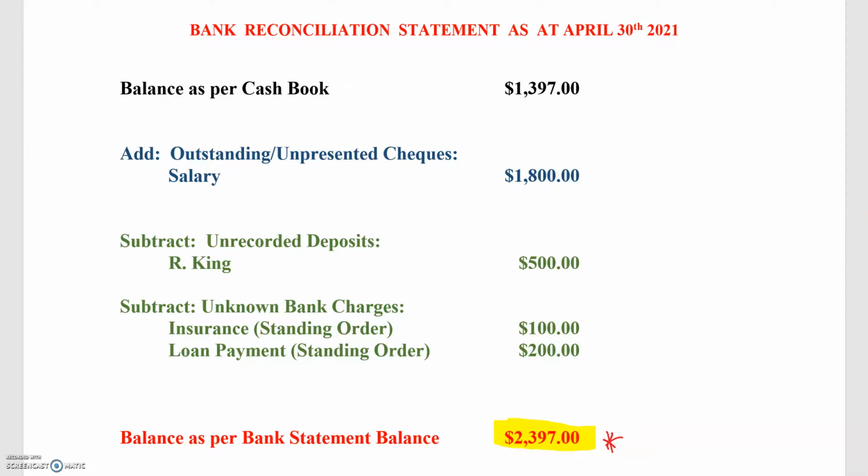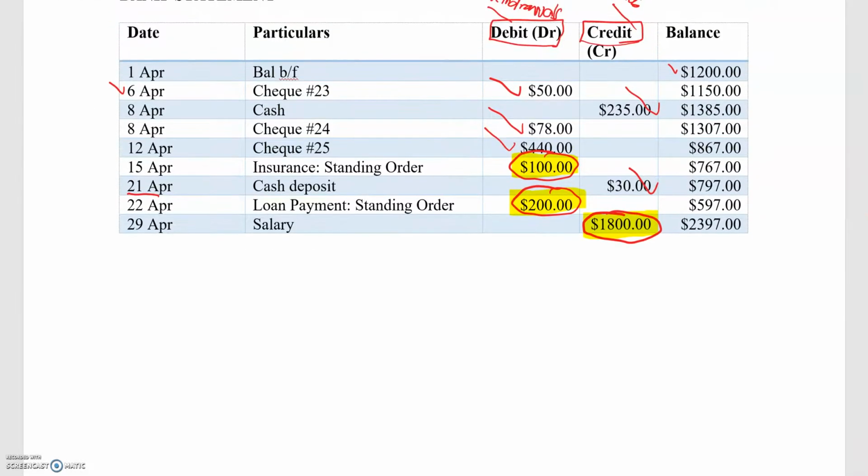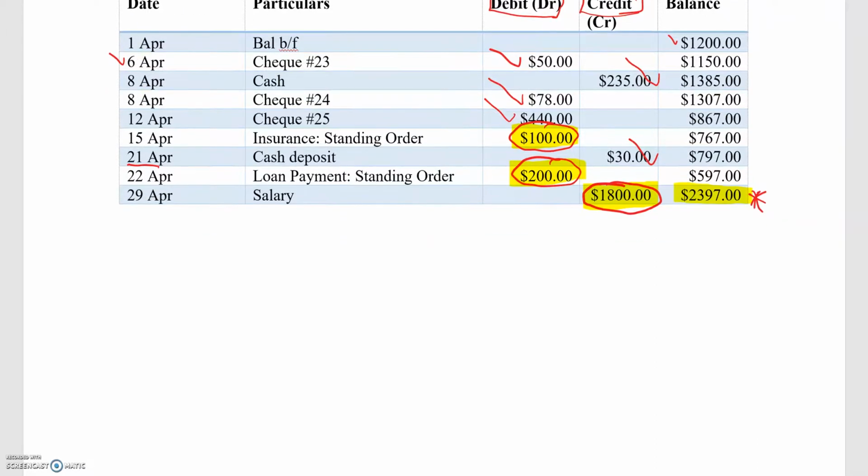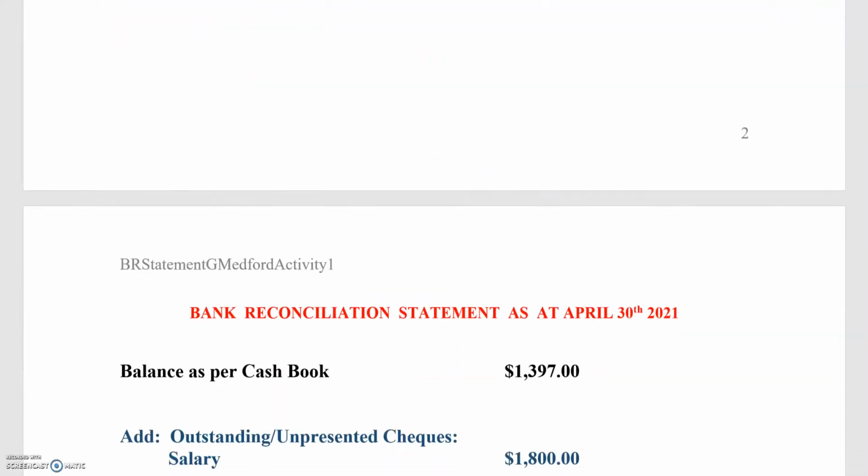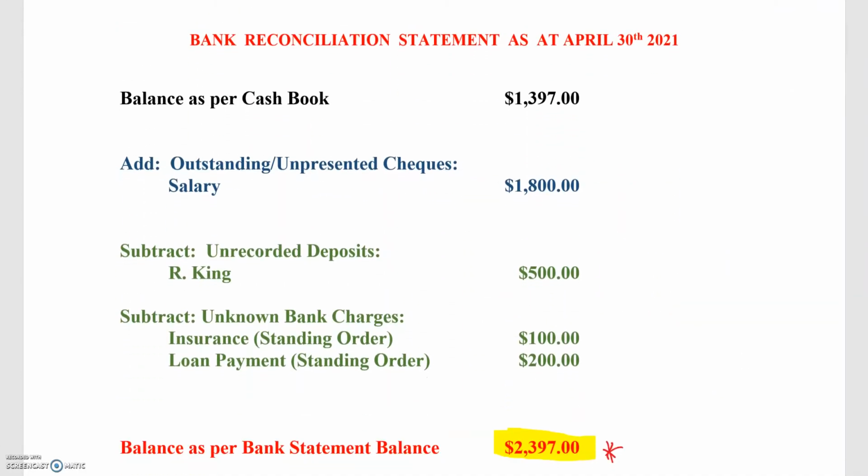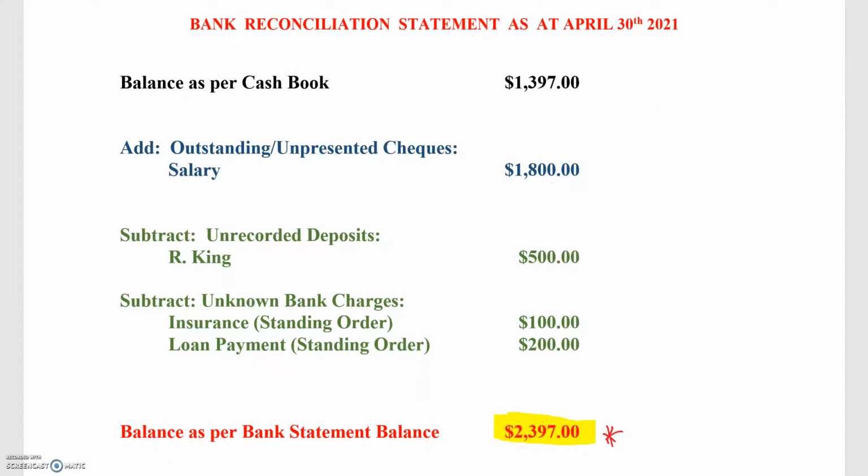We go back to our document, which would be our bank statement, and in fact we see that the bank statement balance is $2,397, when the cash book balance was $1,397.